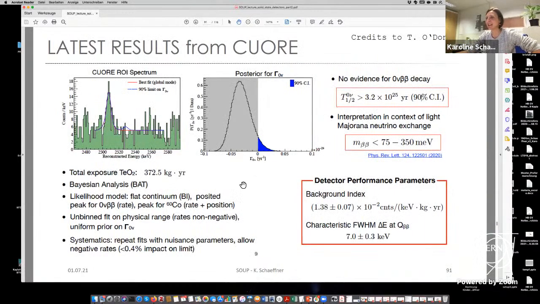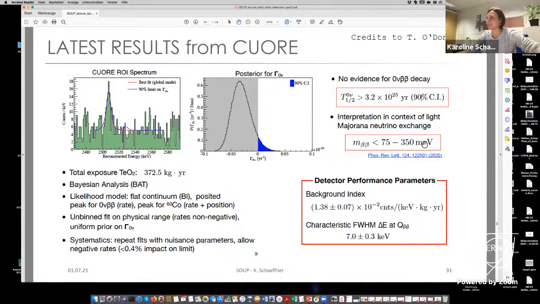So what about their result? Here you see the energy spectrum, and you see a peak. This comes from cobalt-60, which is a contamination they have. And here you see the region where you would expect the peak if there were the decay. You see there is no evidence with the best fit, and the sensitivity they arrive at is 3.2 times 10 to the 25 years.